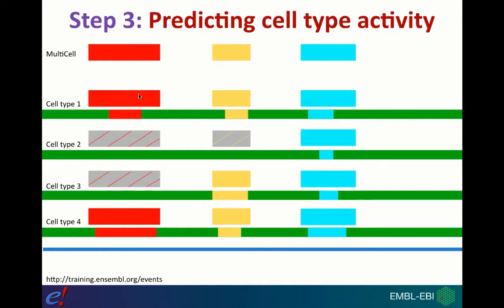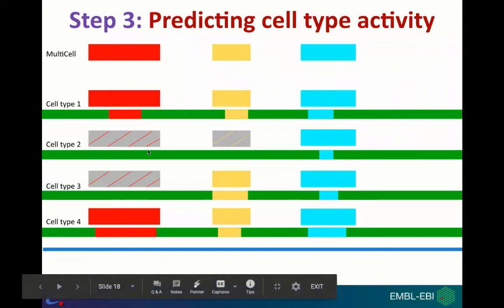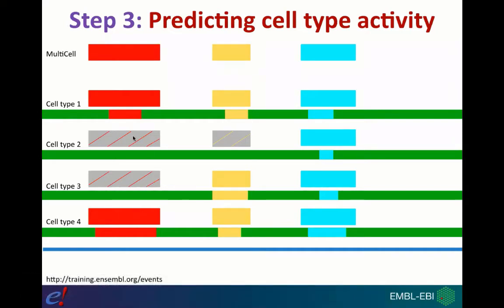So in this case, for example, we can see that in cell types 1 and 4, there's evidence to suggest that these regulatory features are active, so they'd be colored in red in this case, whereas in cell types 2 and 3, there's no evidence to suggest that they are active or poised or actively repressed. So they are inactive, which is what we can see depicted here. And we'll see in the demo how we can look at the regulatory feature activity in different cell lines in the browser.